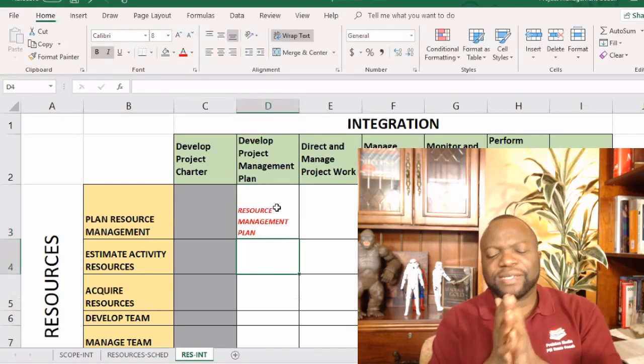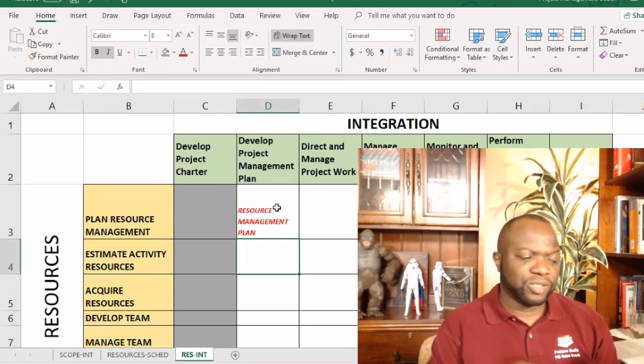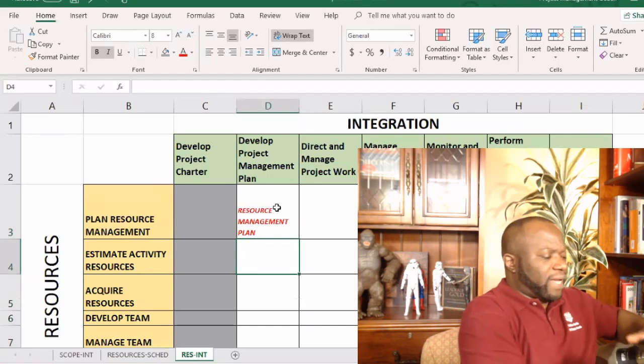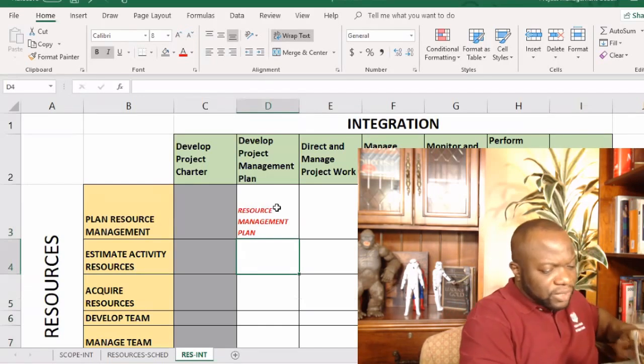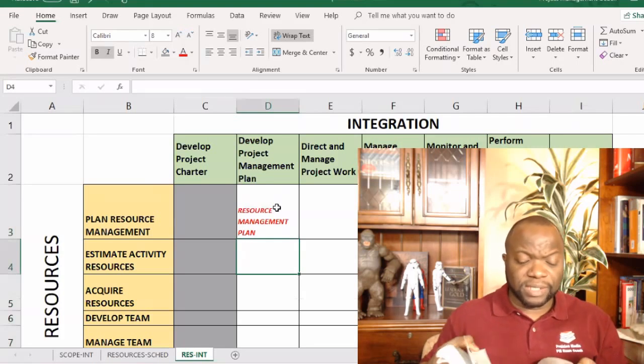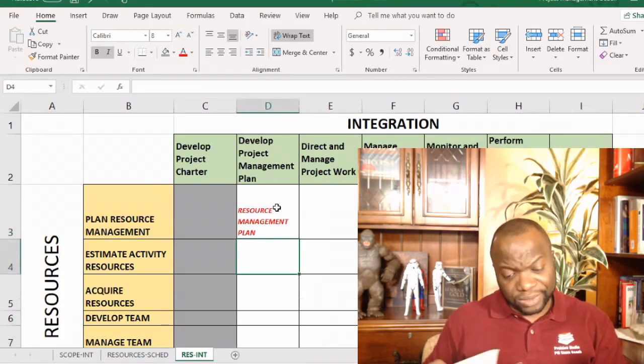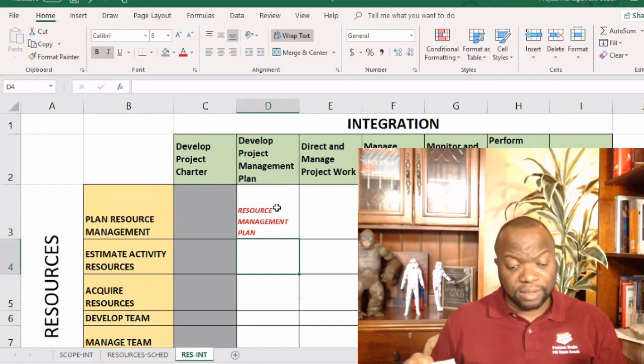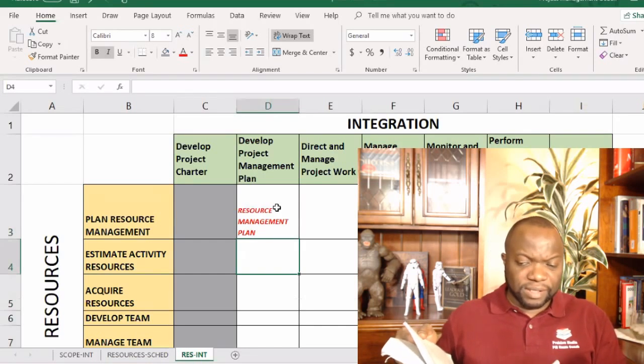Now, it doesn't appear like this in the PMBOK Guide, but you need to remember that these outputs from other processes are important. And in these matrices, I like to call them out so that people truly know, hey, there is a relationship here between Plan Resource Management and Develop Project Management Plan. It's very easy for people to forget if they're not seasoned in this journey.